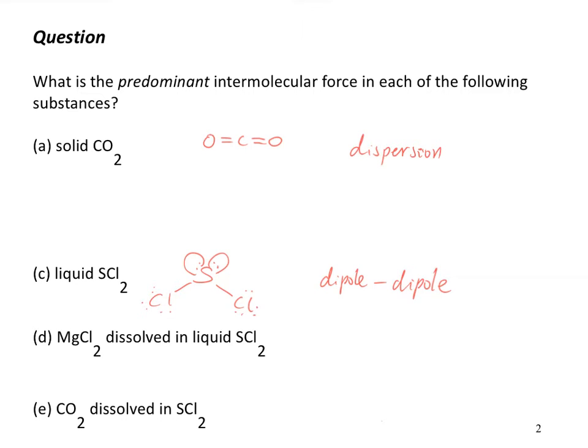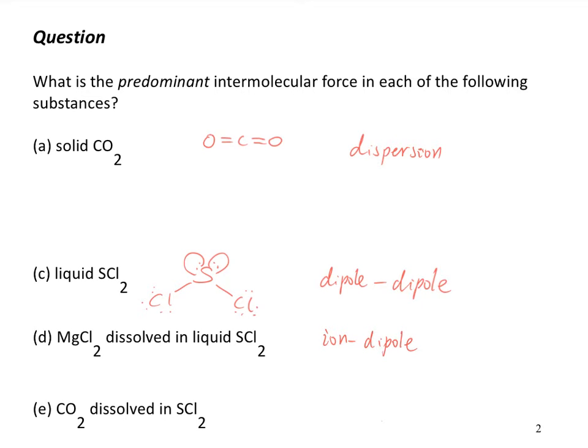And we have a polar molecule, sulfur dichloride, that has a dipole moment. So now we have ion and dipole. Therefore, the predominant intermolecular forces between this ion and dipole should be ion-dipole interactions.